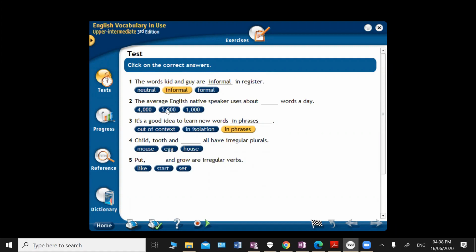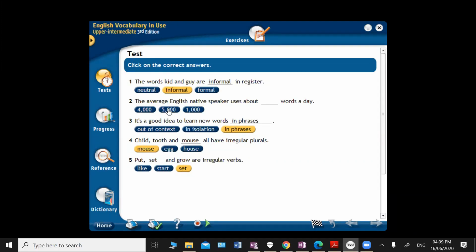And here we said 5,000. If phrases is right. Child, tooth, and mouse goes here. Mouse. Set goes here. Maybe I'm not doing it in the right way. I'm not sure. But I think with time, we will get how to use this one.